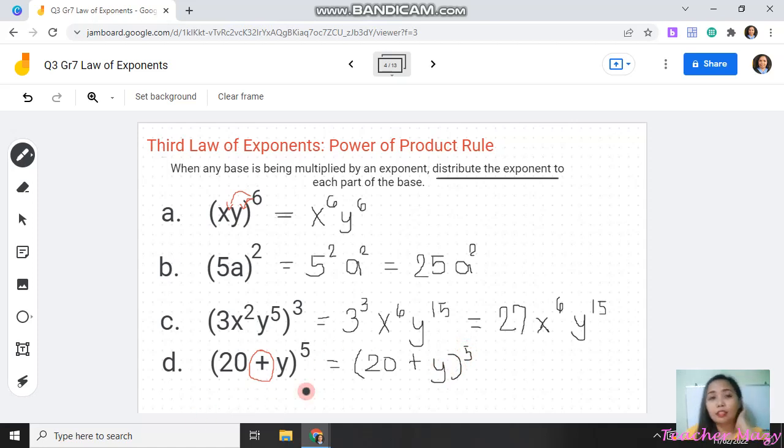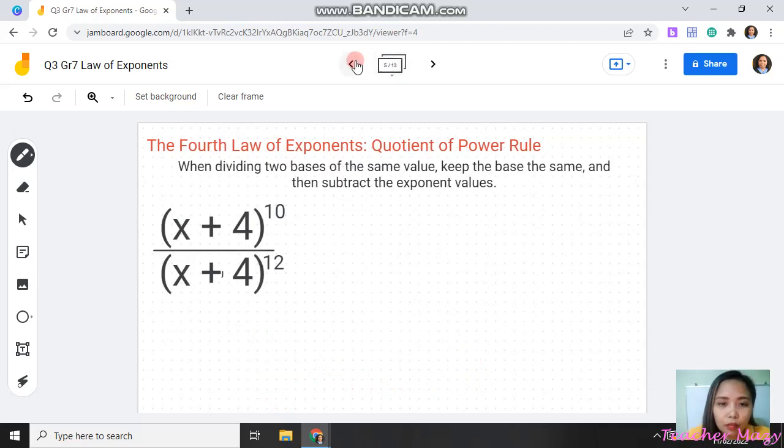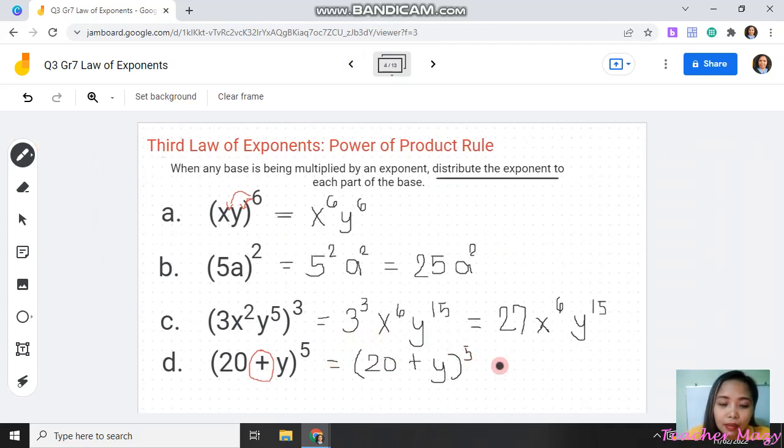So, this is only applicable if the operation between the variables and the numerical coefficients is multiplication. Okay, so since this is addition, that is the final answer. So 20 plus y raised to 5. We can simplify it, but that is another lesson. So let's not tackle that here, maybe in another video.